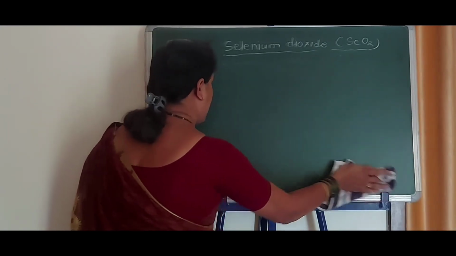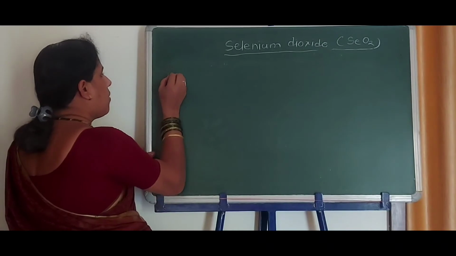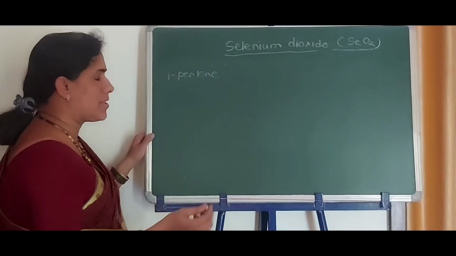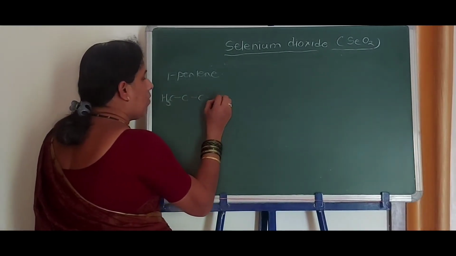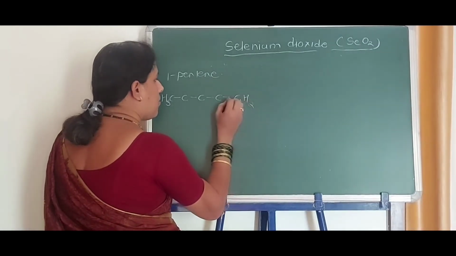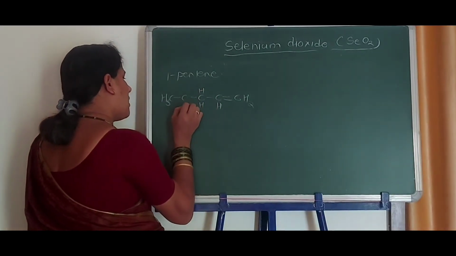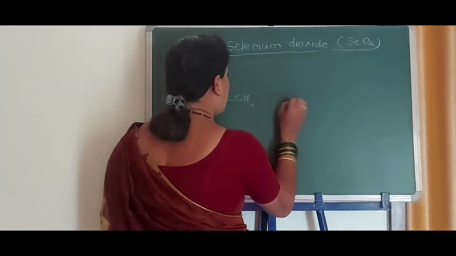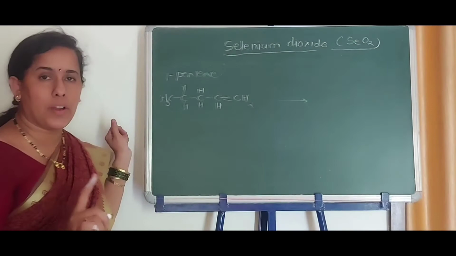terminal position, when we take the example of 1-pentene, what happens here? Here CH3, 1, 2, 3, 4, 5. 1-pentene is CH2, here CH, here CH2, here also CH2. If the terminal position carries the double bond, what happens?